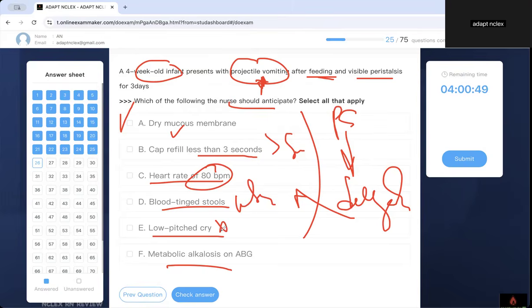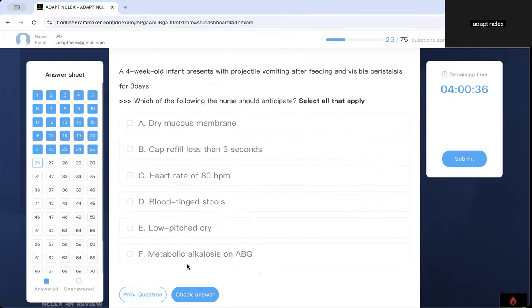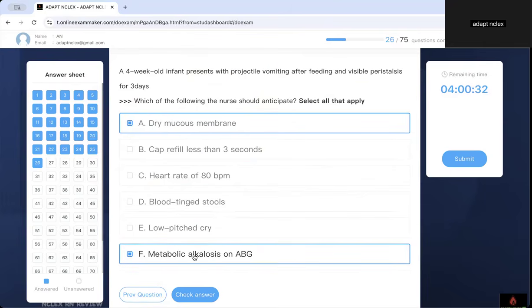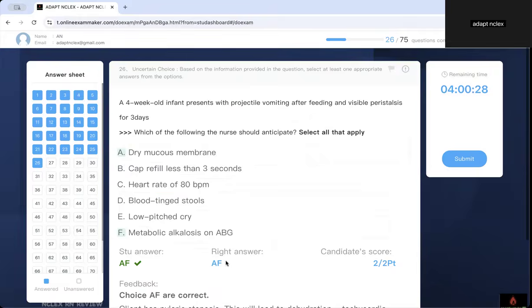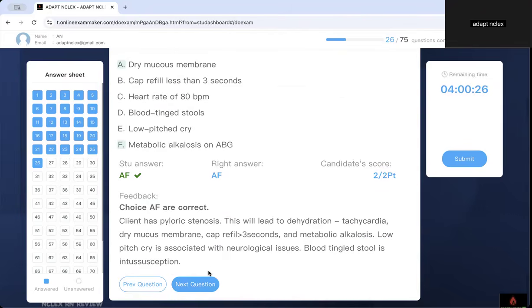Even when the kid gets dehydrated, this rarely happens; they become irritable. And metabolic alkalosis is what you see when they're vomiting up the acid. Therefore, every time you see this question, think about dehydration. And that's the way they will take you. You see how we can answer this question based on the information given.